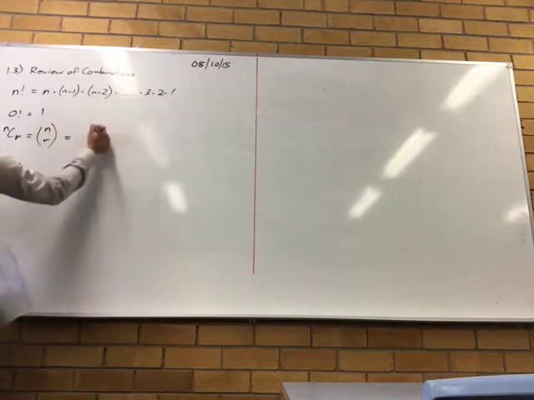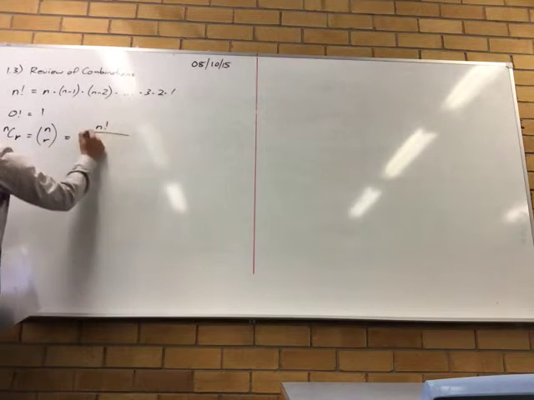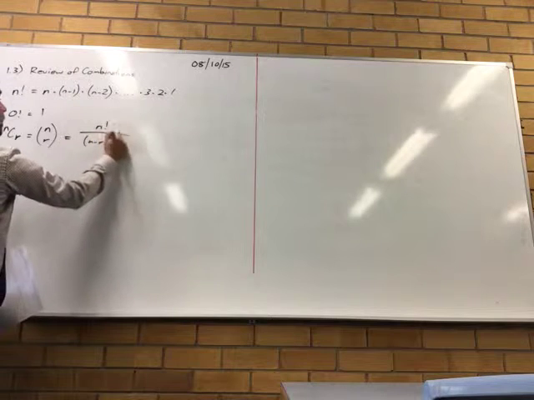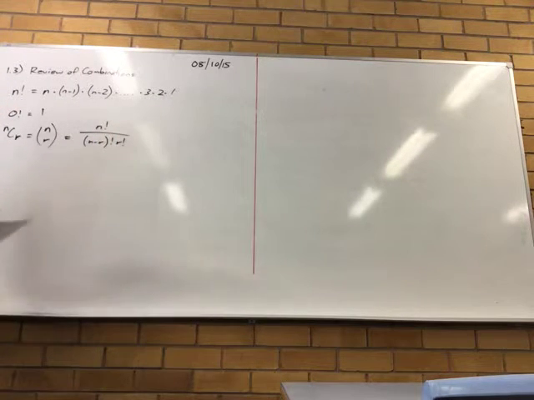So this equals n factorial over n take away r factorial times r factorial. And we have that button on your calculator that you can use: push the number, push C, then your value for r after that, and it will do that calculation for you.